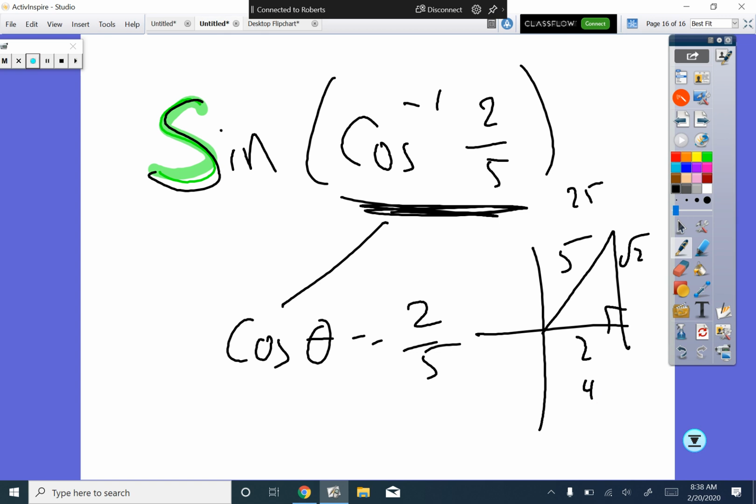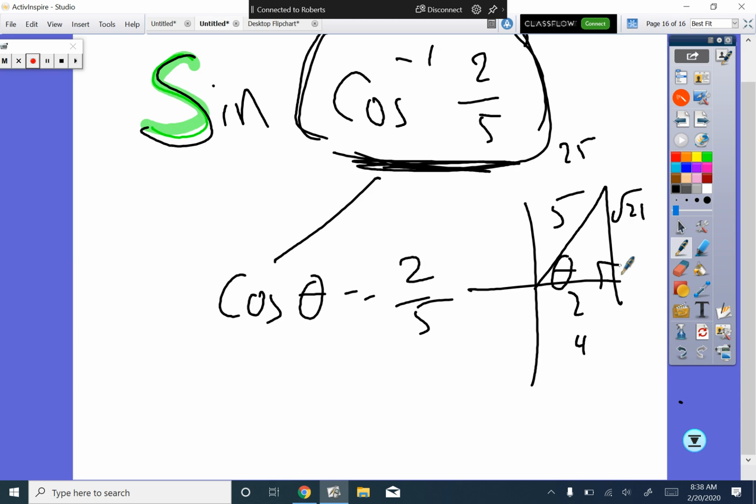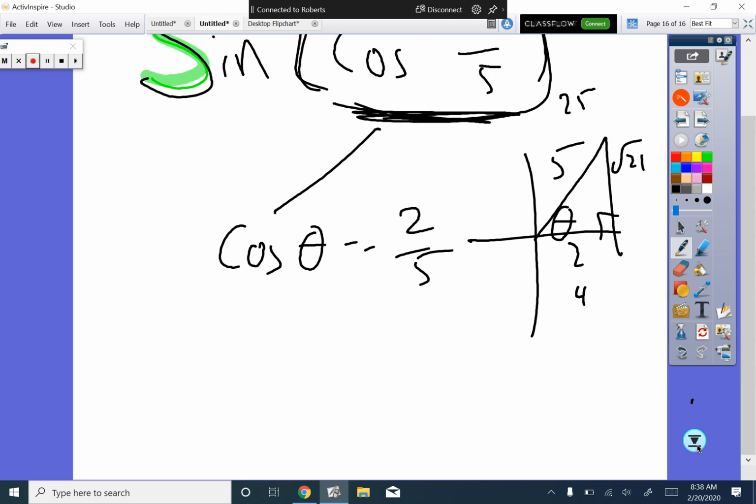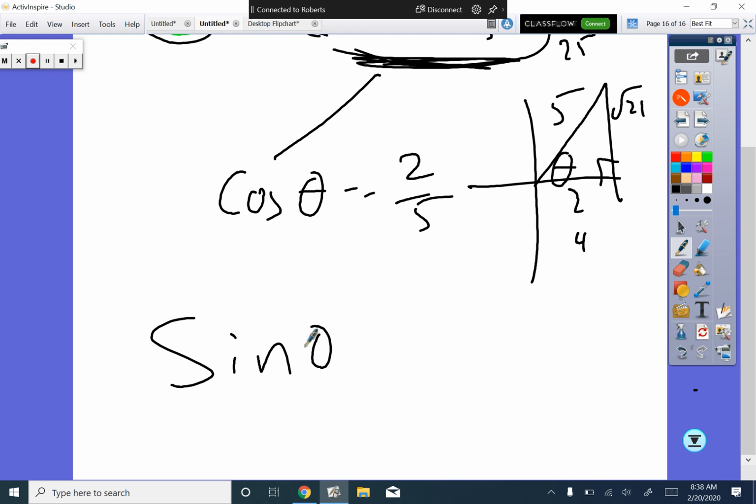Square root of 21. With me? Okay, so what angle is this, guys? Do we know what angle this is? We're going to call him theta. Here's theta right there. So we're going to say, okay, well, this is sine of theta. What is sine of theta?